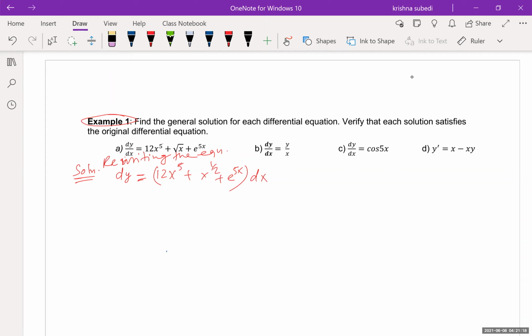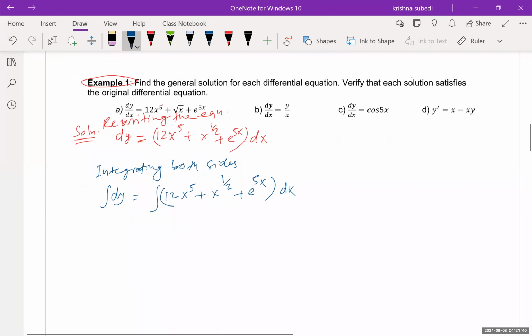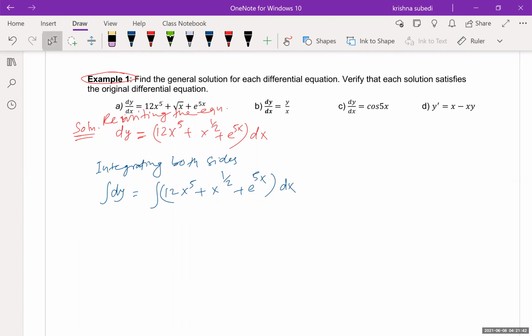So the second step is to integrate both sides. Integrating both sides, we can write the integral of dy equals the integral of 12x to the power 5 plus x to the power half plus e to the 5x, dx. That's your second step.